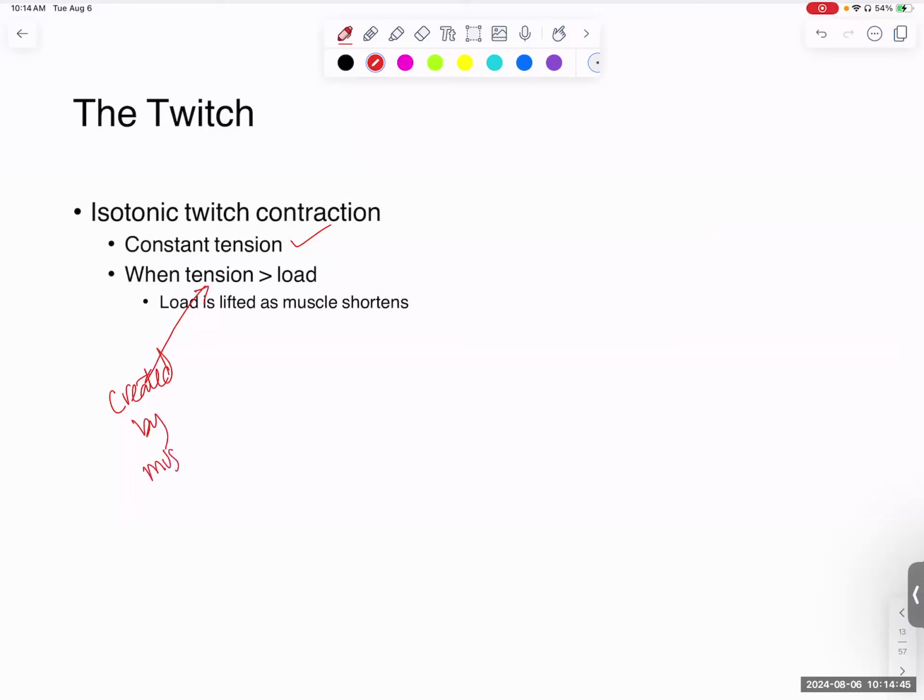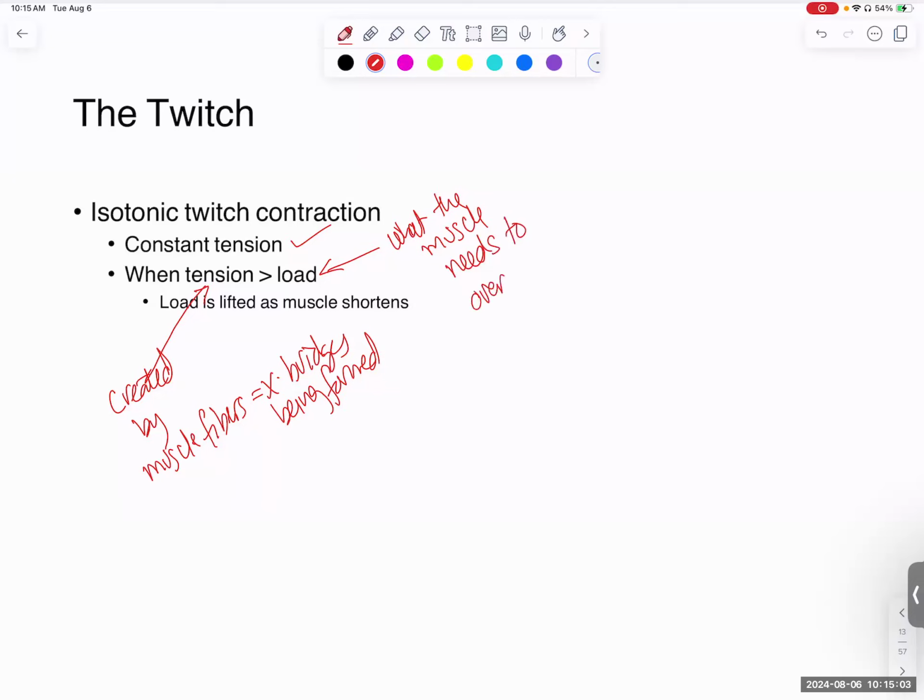by muscle fibers, i.e., cross bridges being formed. The load is what the muscle needs to overcome, right?